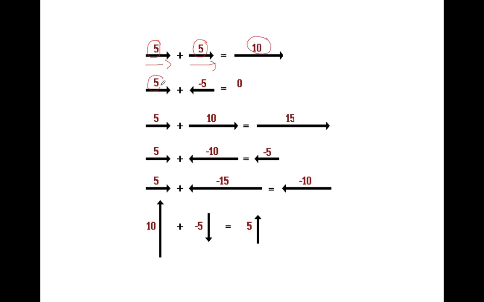A positive 5 vector added to a negative 5 vector means that they are in opposite directions but exactly equal, so they cancel each other out and add to 0. And then you can see some of the other additions here. They simply add like numbers, like scalar numbers adding and subtracting together.